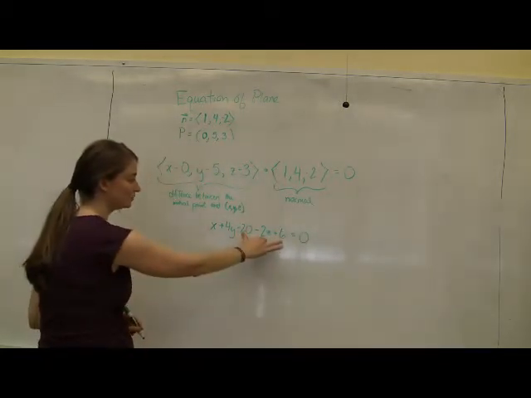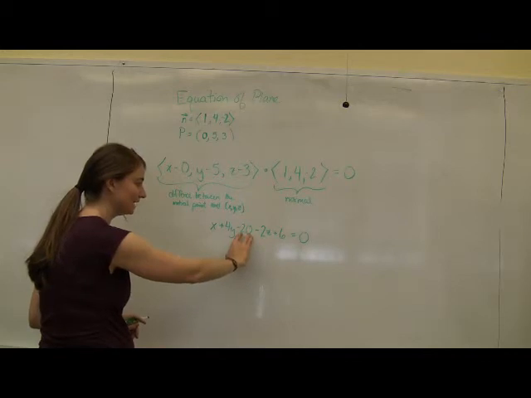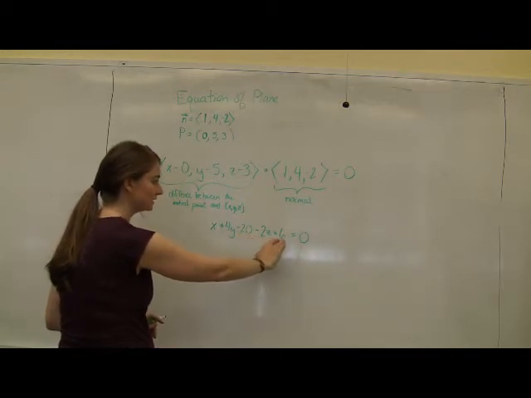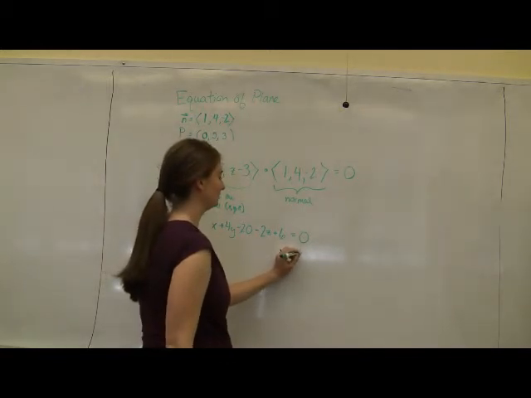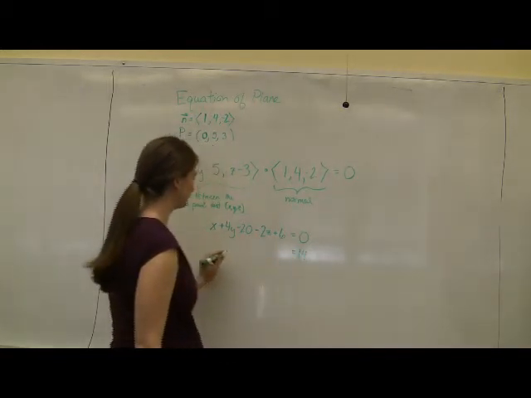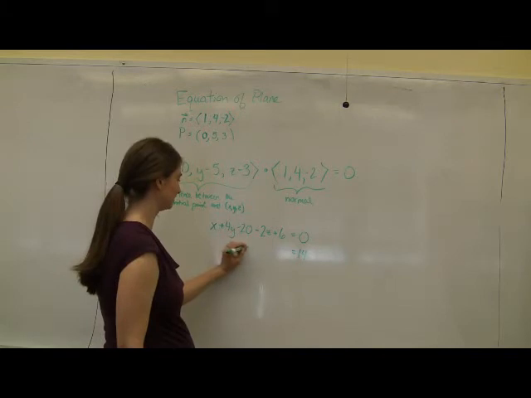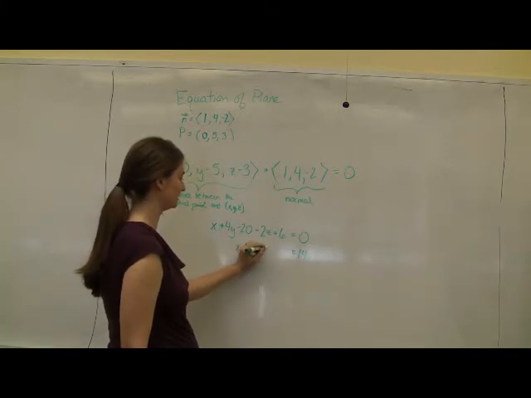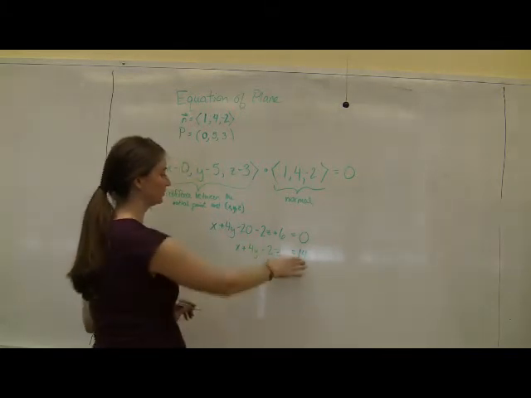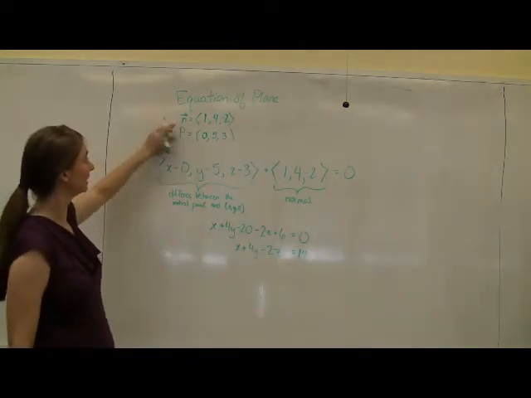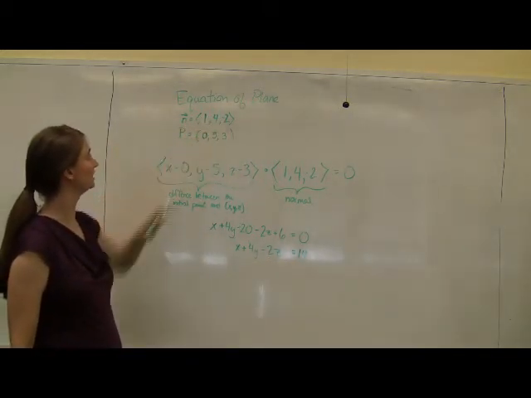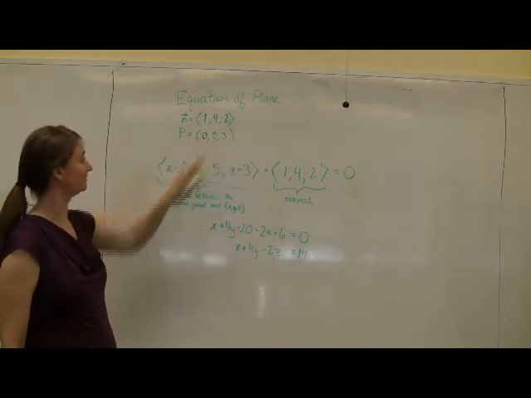And I can simplify this one more step by having my negative 20 plus 6 is negative 14. And if I add 14 to both sides, I end up with x plus 4y minus 2z equals 14. So here is an equation for a plane with normal vector 1, 4, negative 2 and point 0, 5, 3.